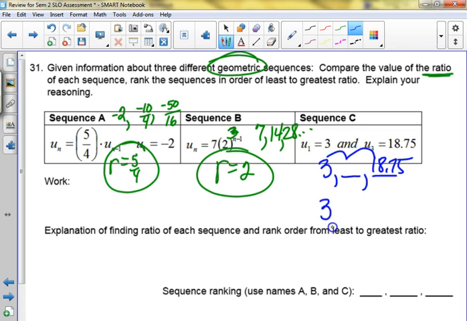So R squared, like Andrew said, equals 18.75. Okay, 18.75 divided by 3 is 6.25. Square root of that. Okay. It actually could be plus or minus, because it could have been a negative in there. We're just going to go with 2.5, okay?